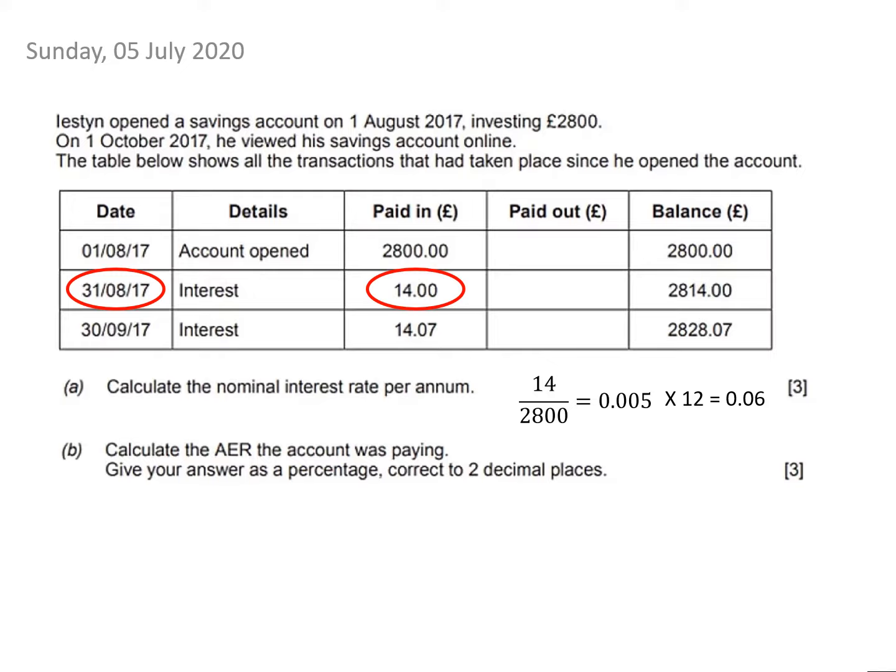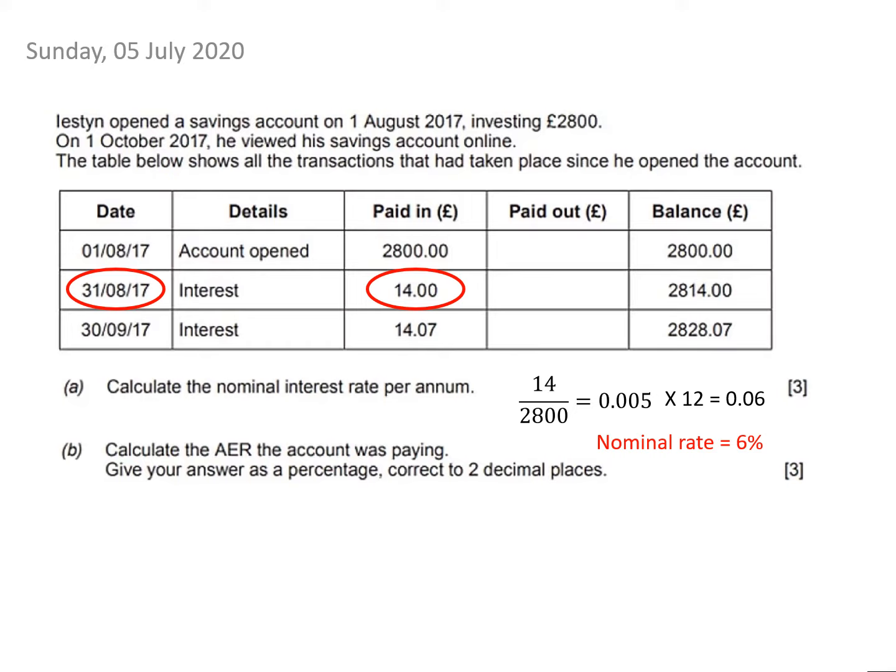So just turn that back into a percentage by multiplying by 100, and we get our nominal interest rate is 6%. That's part A.